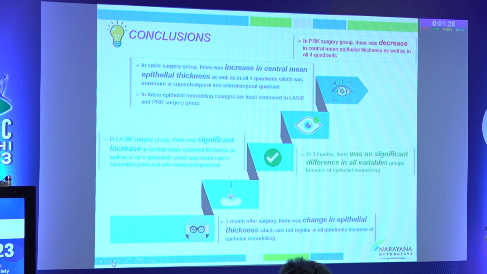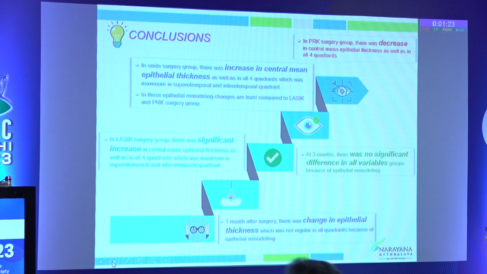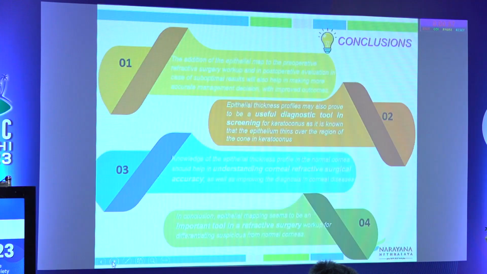Coming to the conclusion, in the PRK surgery group, these changes were maximum, and there was a decrease in central mean epithelial thickness as well as in thickness in all 4 quadrants. In the SMILE group, these changes were least when compared to LASIK and PRK groups, and in the LASIK group, there was a significant increase in central thickness, which was maximum in the superotemporal and inferotemporal quadrants. So I can say 1 month after surgery, there was change in epithelial thickness, which was not regular in all quadrants because of epithelial remodeling.